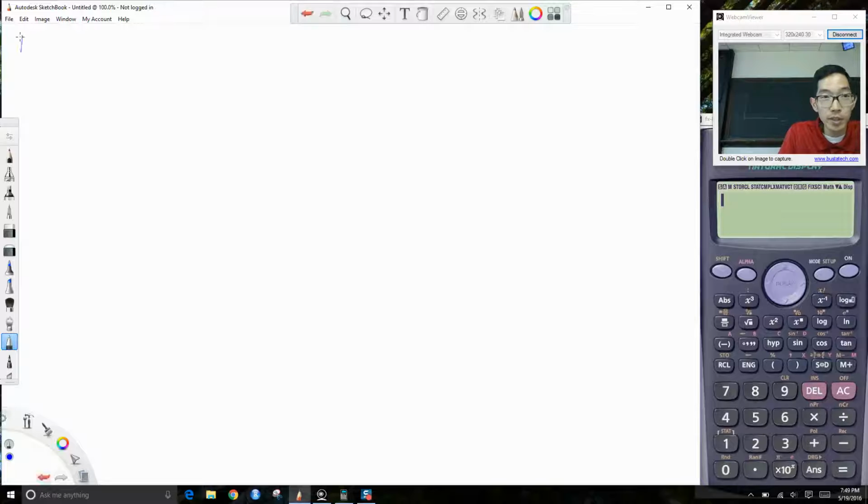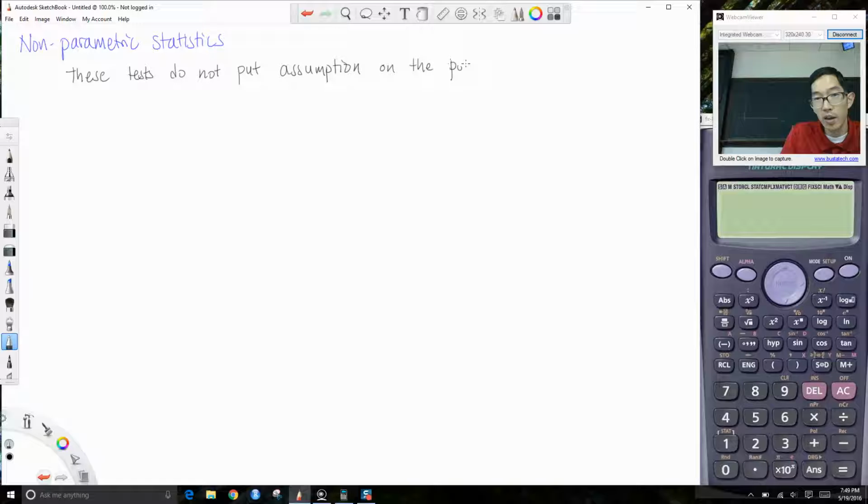So nonparametric statistics tests do not put assumptions on the population. Okay, and they generally don't involve the use of parameters.